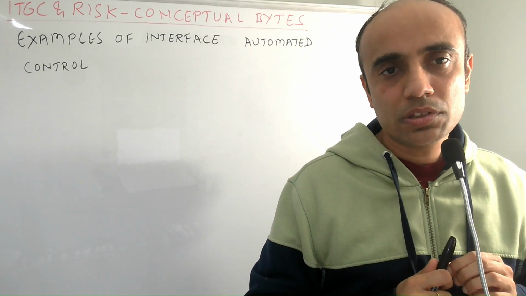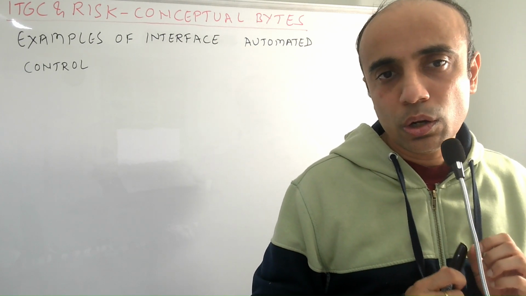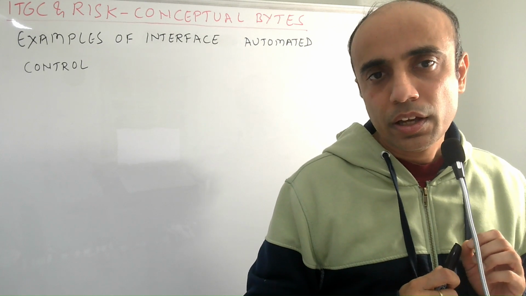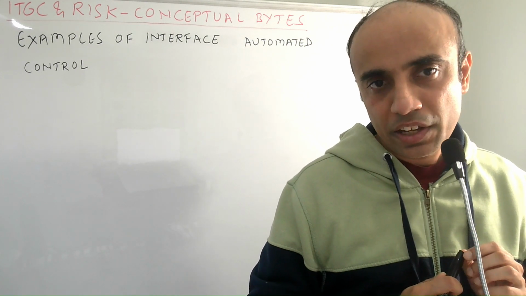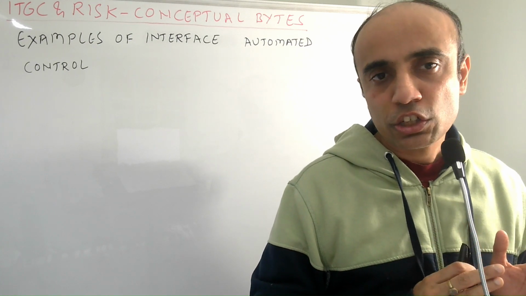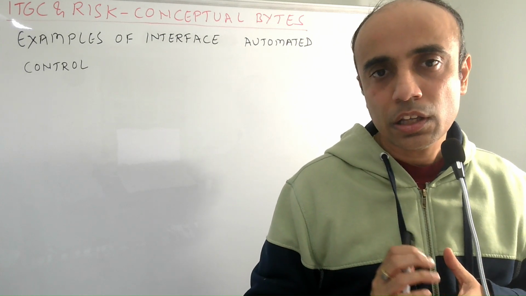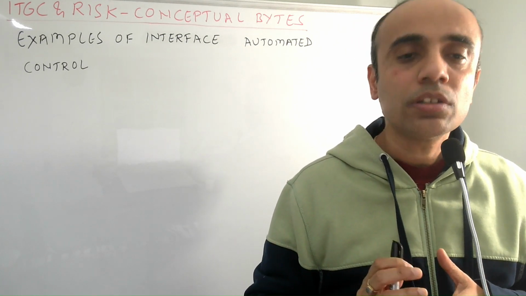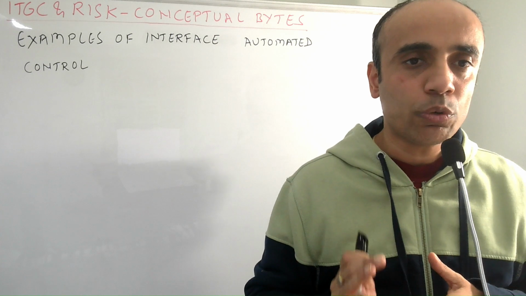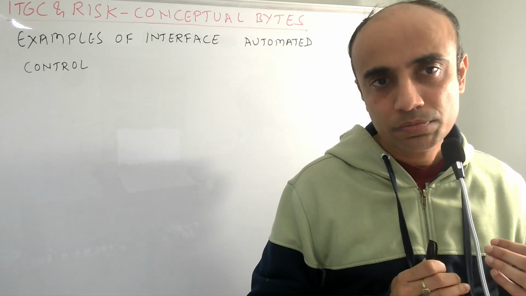Next example is the interface between the loan originating and loan underwriter application. Again, communication between the loan originating application and the loan underwriter application happening in an automated way. And when we talk about communication, we're talking about the exchange of data sets.